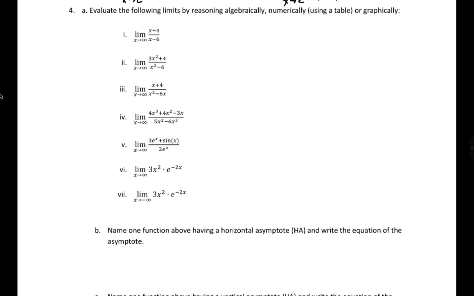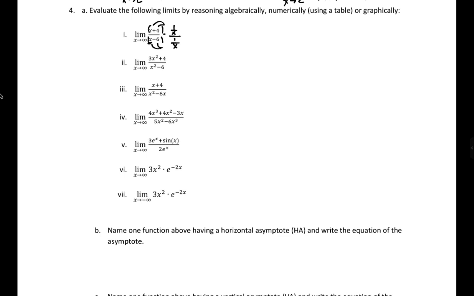For at least the first four, I see that these are rational functions, so I'm going to use that trick I told you about: divide the top and bottom by the highest power of x in the denominator. For the first one, the highest power of x in the denominator is x to the first, so I'm going to divide the top and bottom entirely by 1 over x.